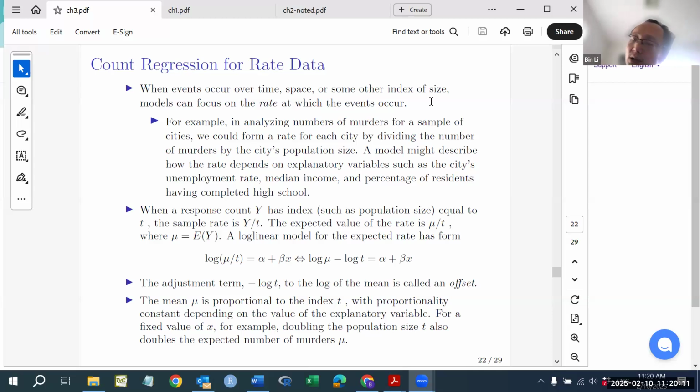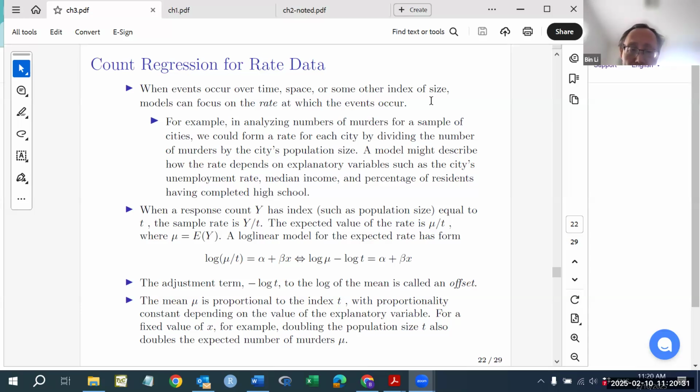So instead of modeling the counts, we model the rate. That means we can model the number of murders among, let's say, 100,000 people. That's a rate, so we model the rate instead of the count.